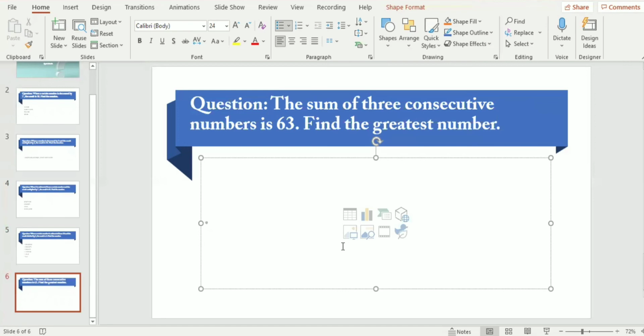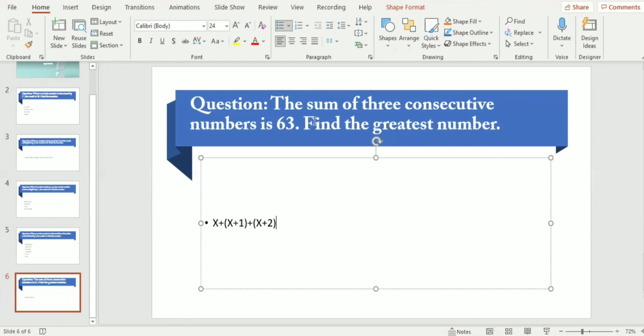So the sum of 3 consecutive numbers. Let's assume that x is the number, and the sum of 3 consecutive numbers is 63. If the first number is x, the second number would be x plus 1, and the third number is again with the increment of 1, so it becomes x plus 2.